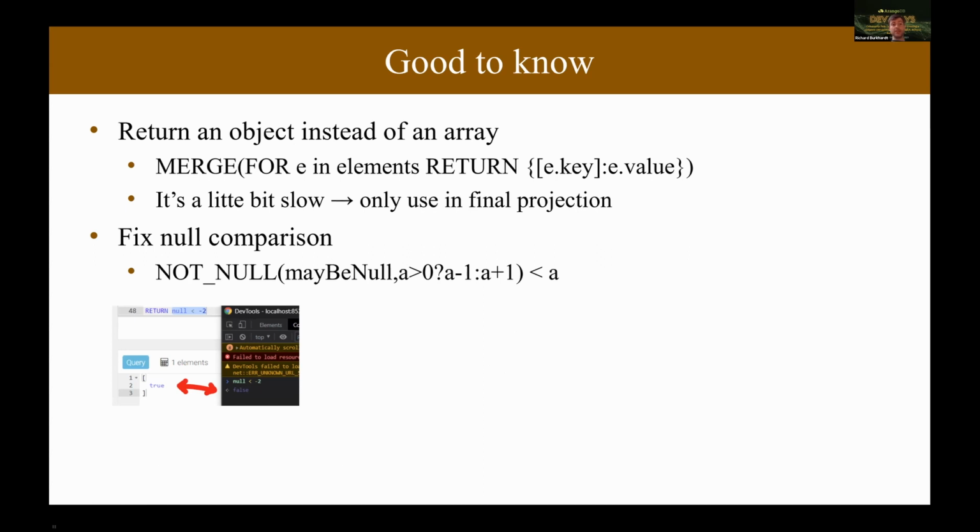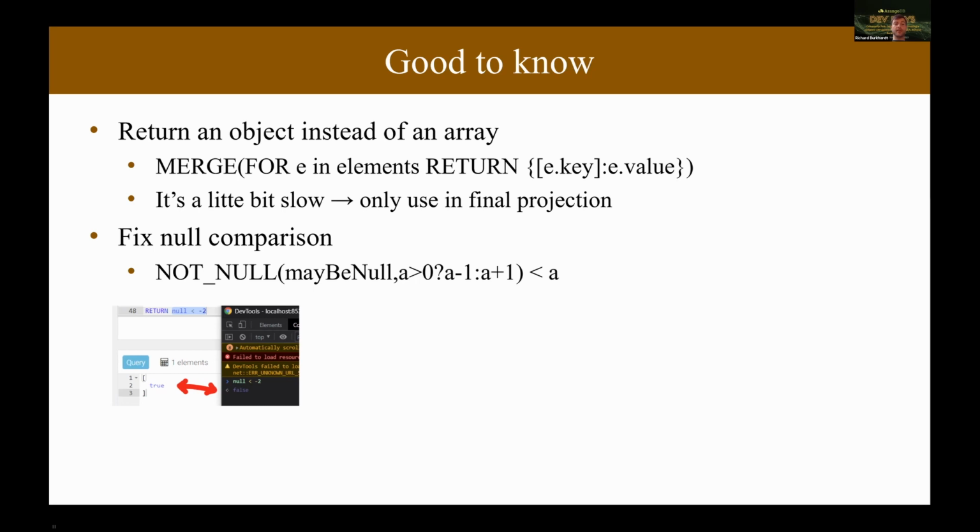And one really good thing to know is that the null value comparison is not as you would expect it to be. Sometimes you have elements that have null values, and a null value is not equal to 0, because if you return null is less than -2, you will get a true.